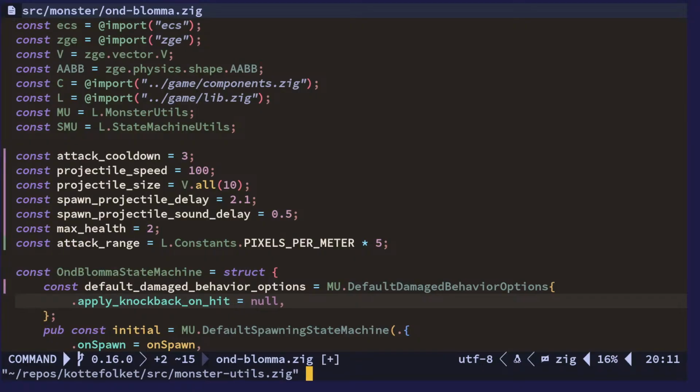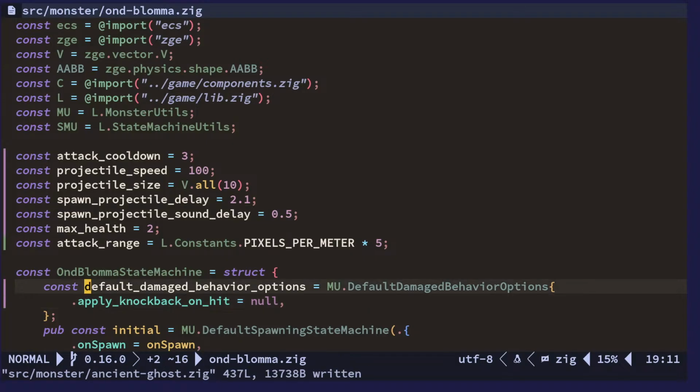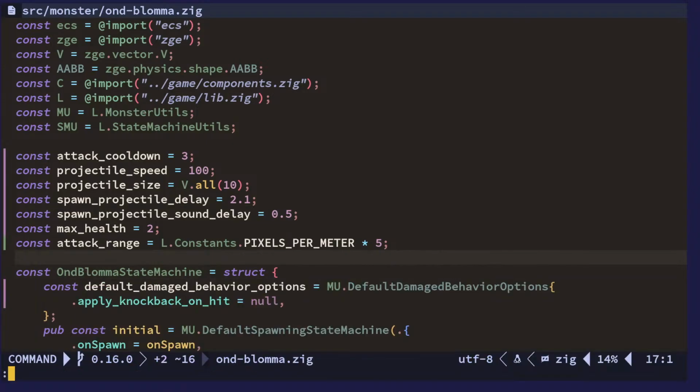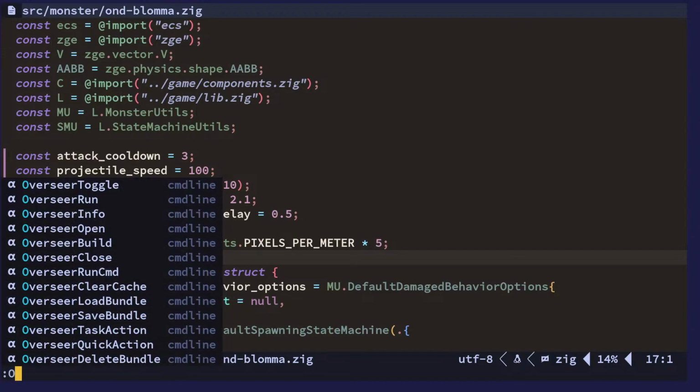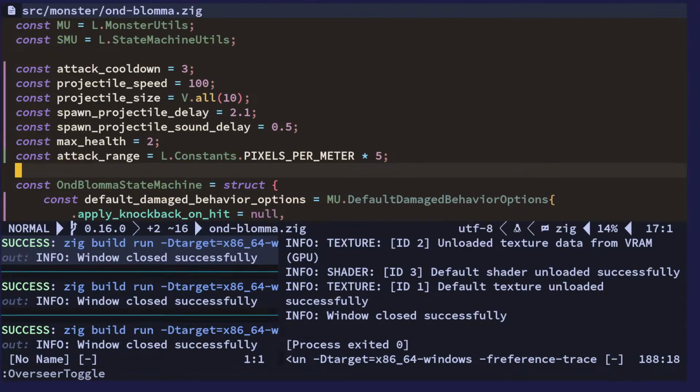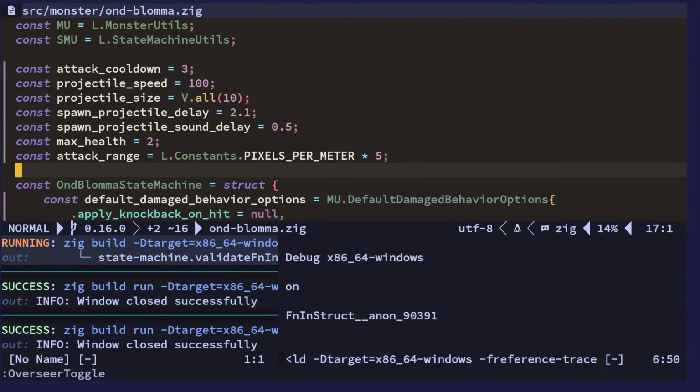Yeah, that's gonna change a lot of places. Okay. All right. So let's build. I will test this out.